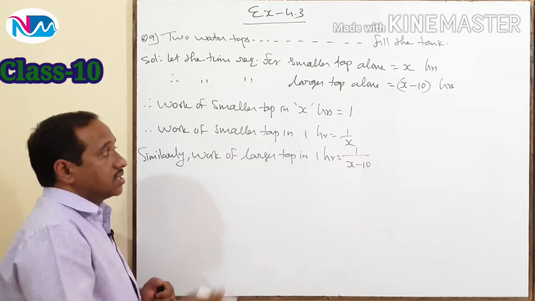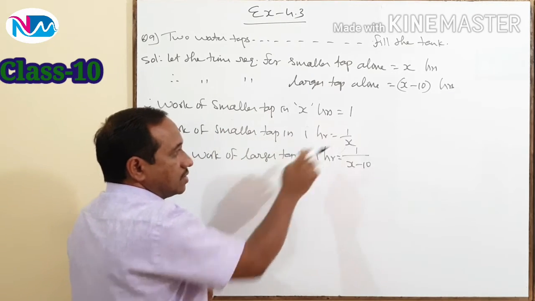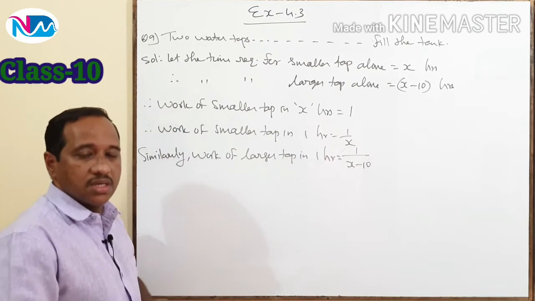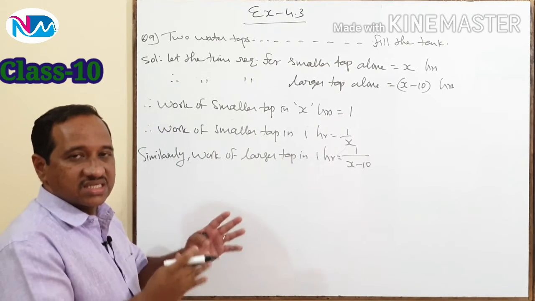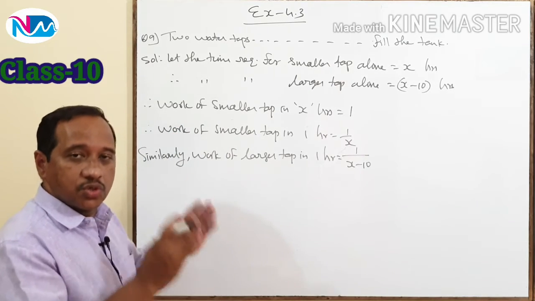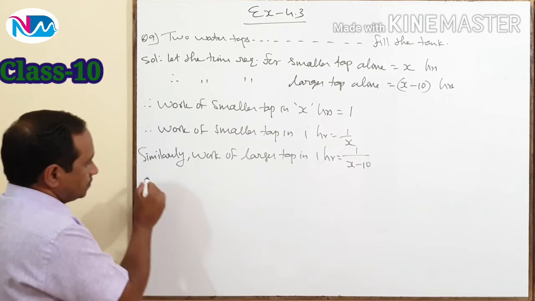So, we have the work of the smaller tap in 1 hour and the work of the larger tap in 1 hour. Now we are going to write the sum of the works of the smaller tap and the larger tap together in 1 hour.